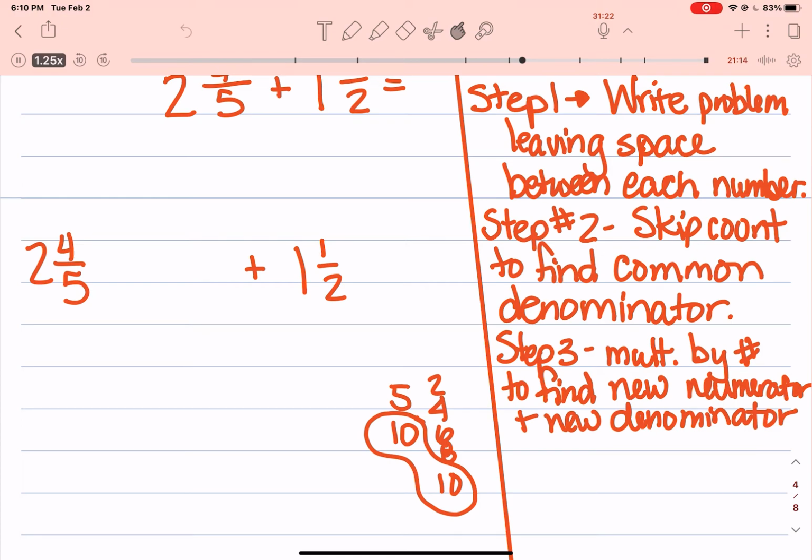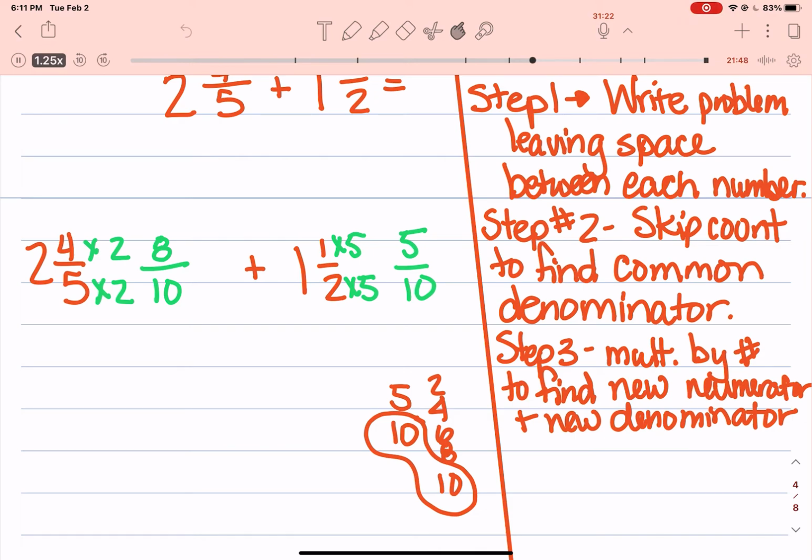I hope that makes sense. So we're looking for this one to be 10. So we're going to multiply 5 by 2. I'm going to multiply 4 by 2 to make our new fraction of 4 times 2 is 8 tenths. And this one we're going to multiply by 5. I'm going to multiply this by 5 to make our new fraction of 5 tenths. Okay, so that covers step 3.